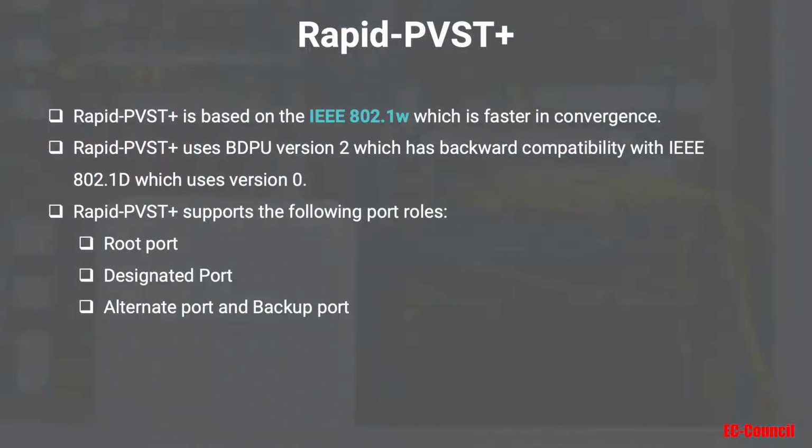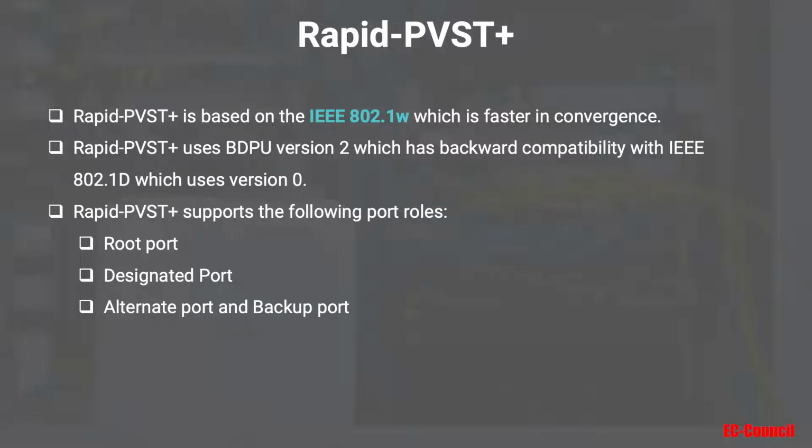So what exactly is Rapid-PVST Plus? Well, to put it simply, Rapid-PVST Plus is based on the IEEE 802.1w standard. As you have learned previously, the 802.1D standard defines Spanning Tree Protocol, which is an open standard protocol.